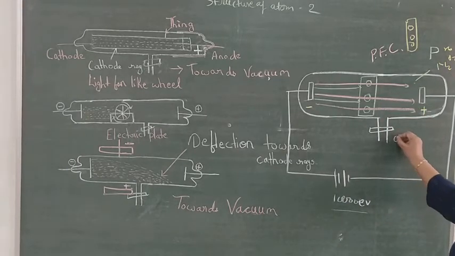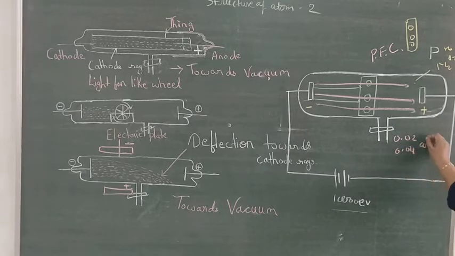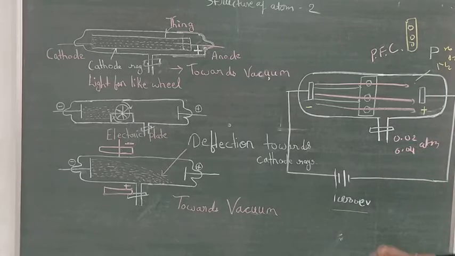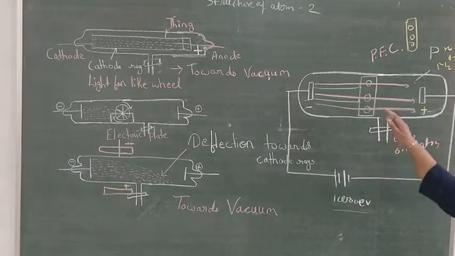Then what we did? We released a small amount of pressure from that discharge tube, that is 0.02 to 0.04 atm.